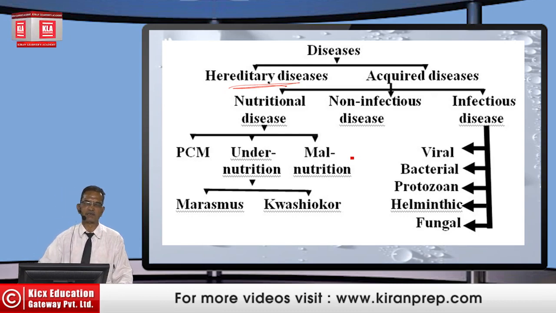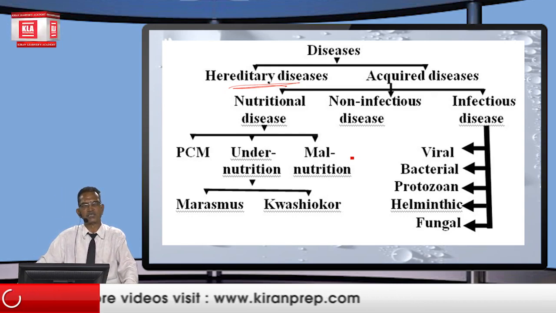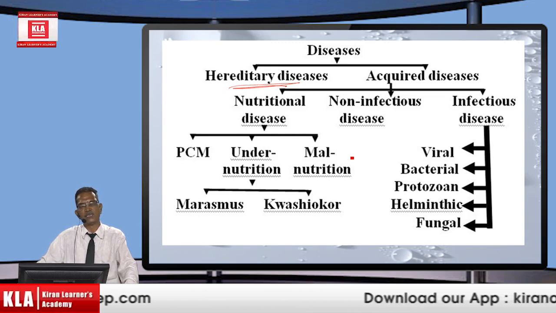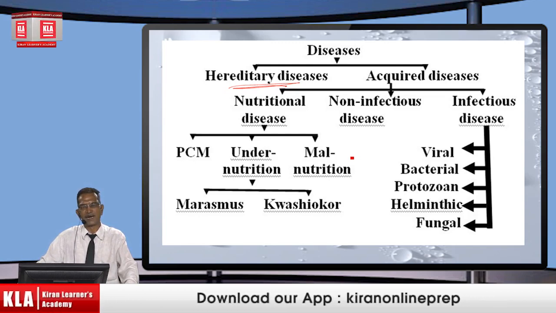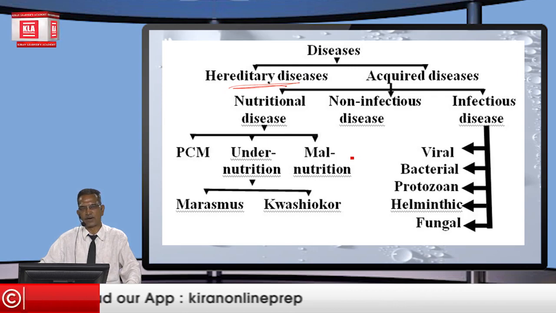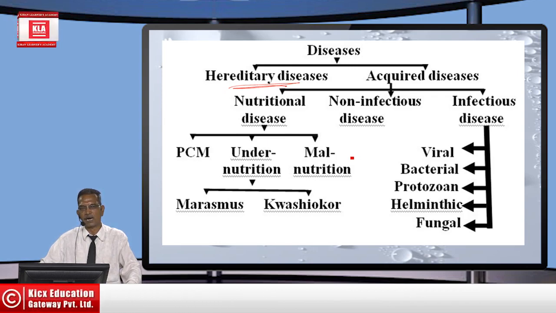But then there are diseases, there is a list of diseases caused by various germs, microorganisms that we call pathogens, which end up passing from an infected person to the healthy person.